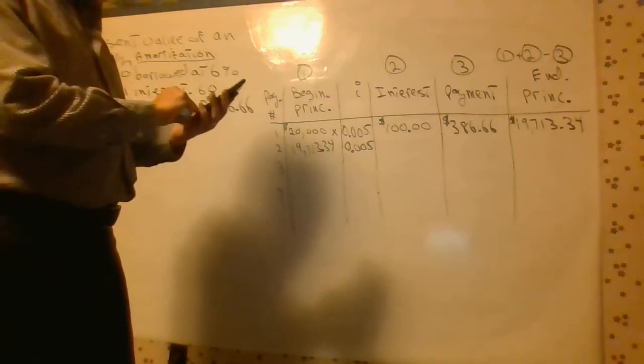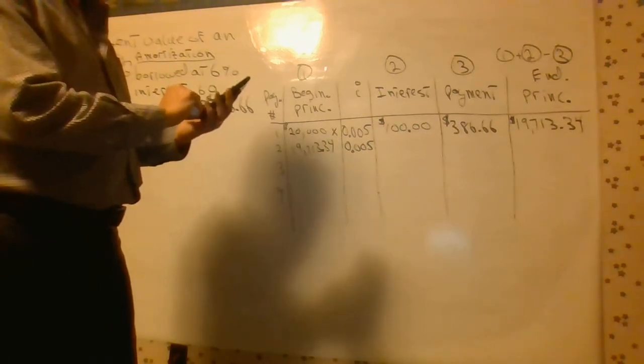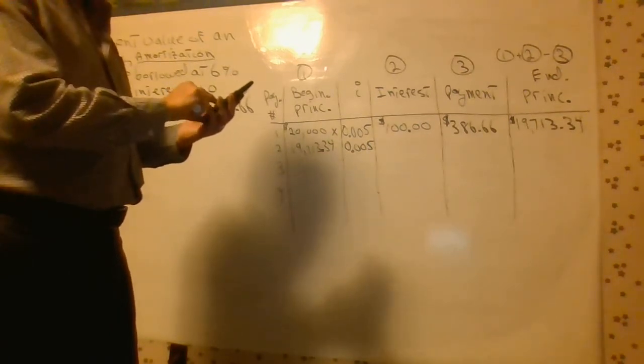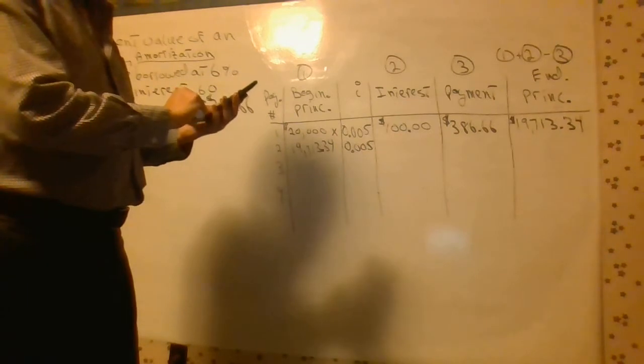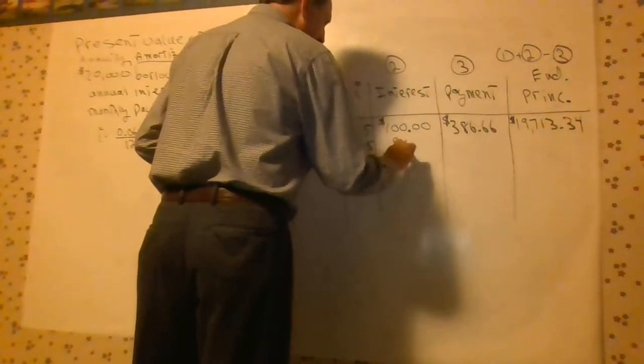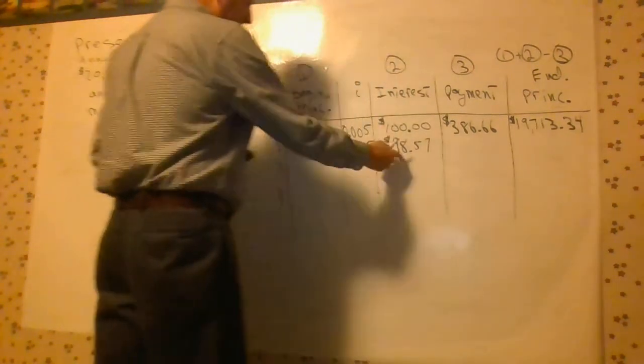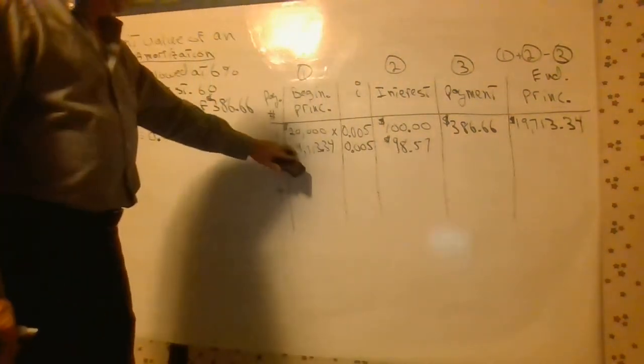Then we multiply 19,713.34 times 0.005, and we get 98.57. We pay less interest because we owed less money.